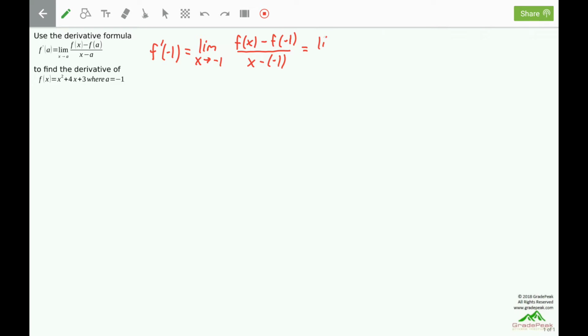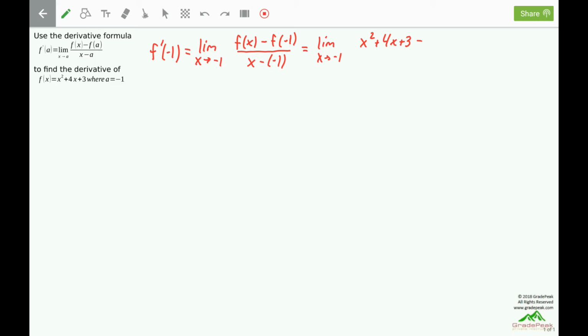The next thing to do is to evaluate f of negative 1 and put it into place and write in the function f of x. So we have f of x is x squared plus 4x plus 3 minus f of negative 1.